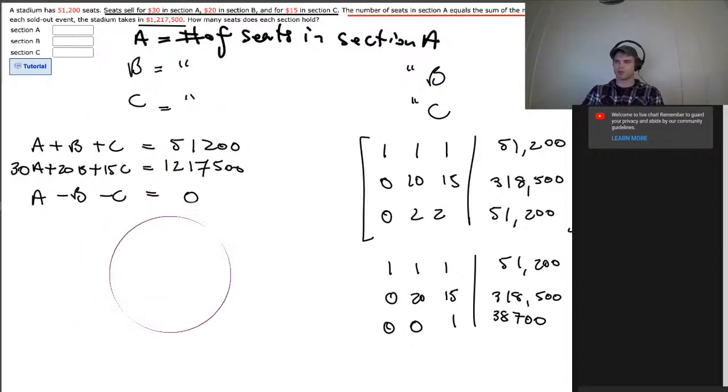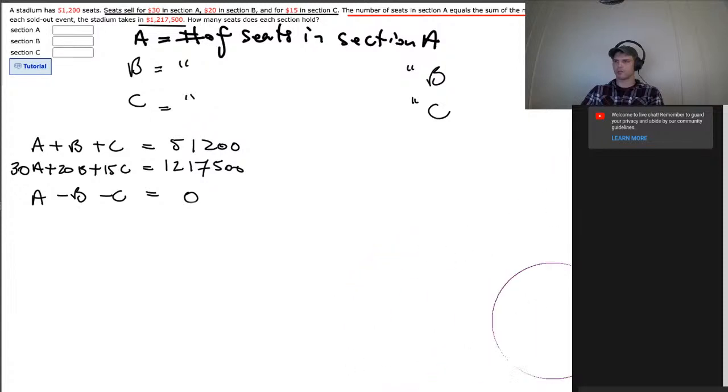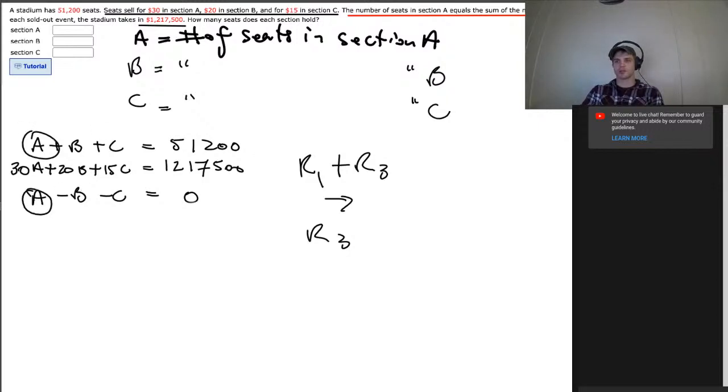So I made a mistake somewhere. Okay, I'm just going to do this the easy way. So we're going to do row 1 plus row 3. This is going to go into row 3. You can see because this plus this is just 2a, but this plus this is 0. This plus this is 0.